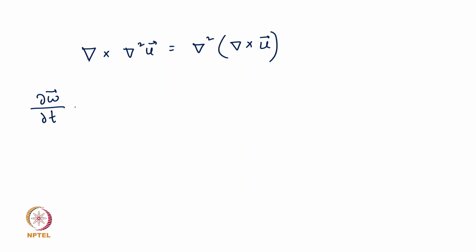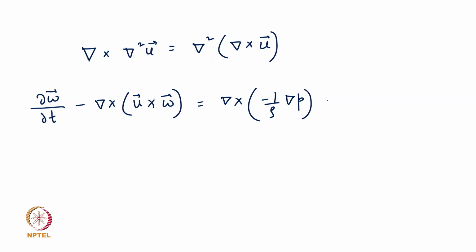We have del omega by del t minus del cross u cross omega equal to the curl of minus 1 by rho gradient of p plus nu Laplacian of the vorticity vector.